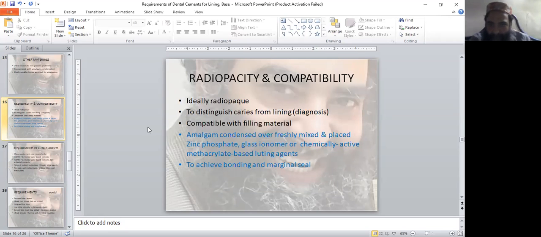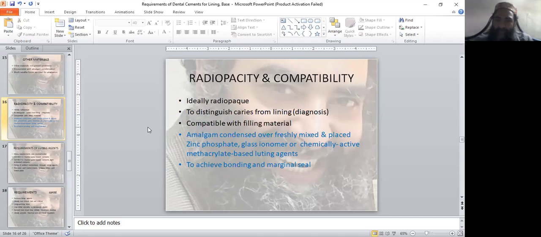Now the radiopacity and compatibility, all of you know about the radiopacity and compatibility. Ideally, the lining and base materials are radiopaque. That is, they appear white in the radiograph.